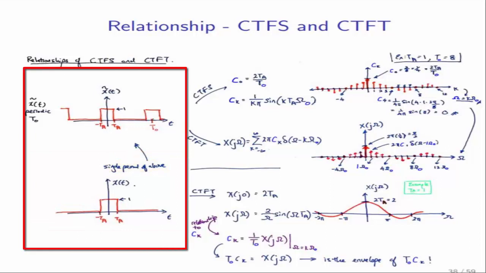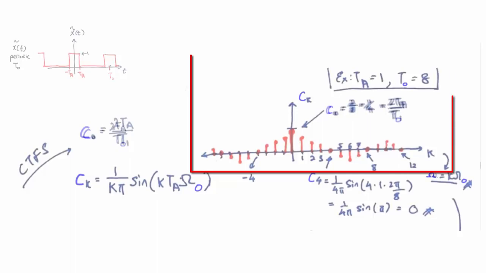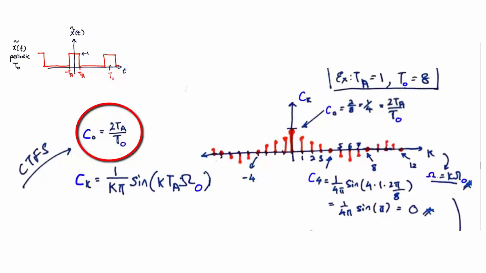There is a very deep relationship between the Fourier transform of this periodic signal versus the aperiodic counterpart. Let us now focus only on the top figure. As we know, we can perform Fourier series or Fourier transform representation of periodic x of t. In the Fourier series representation, we first calculate C0 using this equation, and we have seen in a previous example how we calculated the rectangular pulse Fourier series.